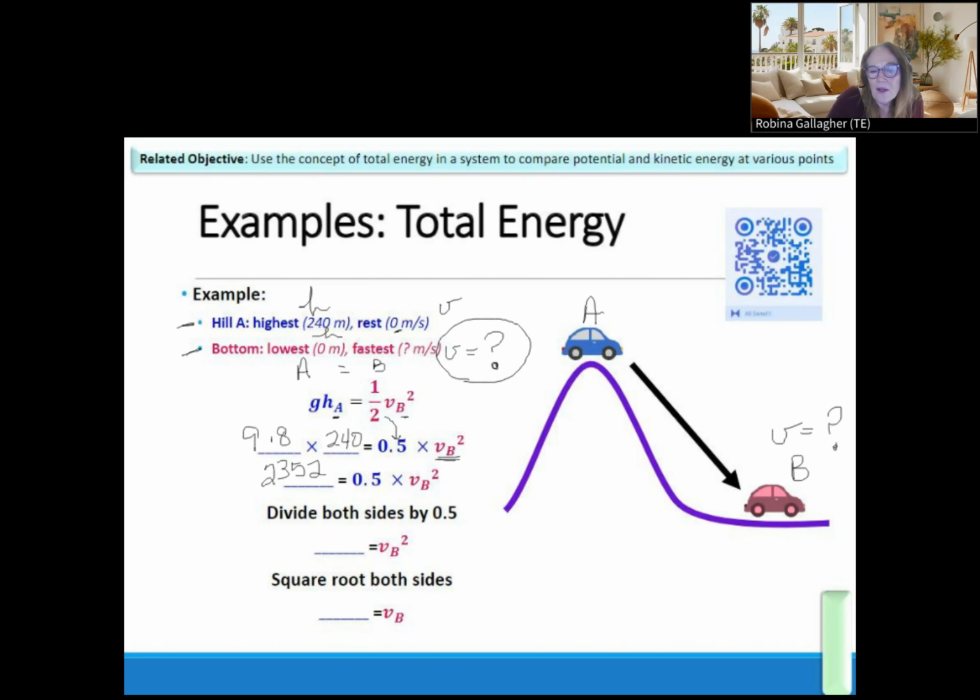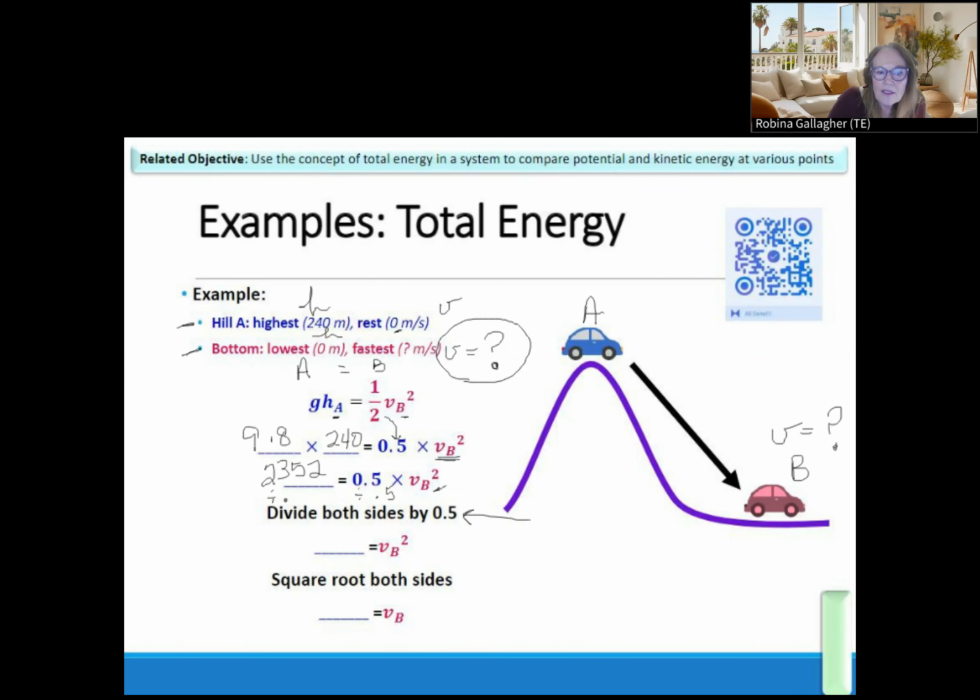2,352. Now, look at my directions. The directions say divide both sides by 0.5. That's because I need to get my variable by itself. So I am going to divide both sides by 0.5, and when I do, I can cancel this out, and I'm going to be one step closer.